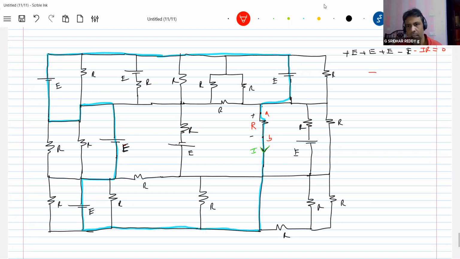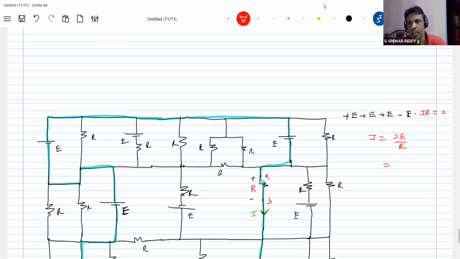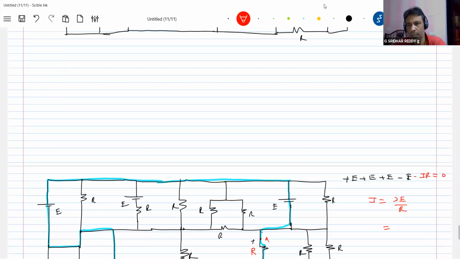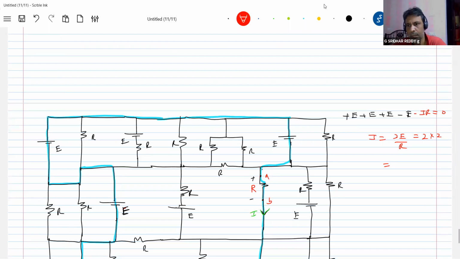So 3E minus E gives I equal to 2E by R. Substitute the value: E is 2 volt and R is 4 ohm. So I is 1 ampere.